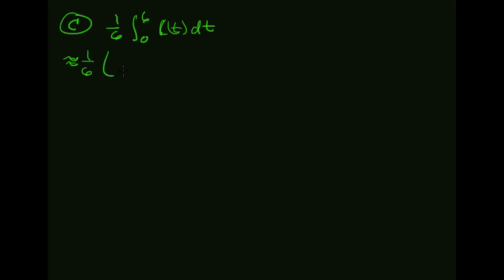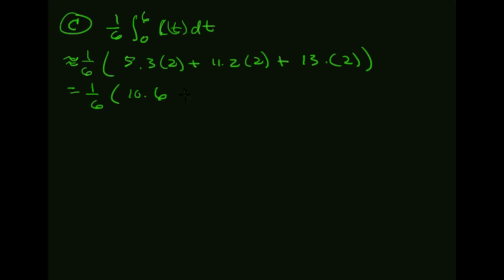The first interval's midpoint is 5.3 times 2. The second interval's midpoint is 11.2 times 2. The third interval's midpoint is 13.8 times 2. So this is 1/6 times 10.6 plus 22.4 plus 27.6, which gives you 60.6 over 6, which is 10.1.